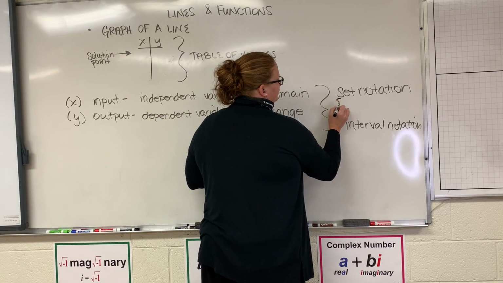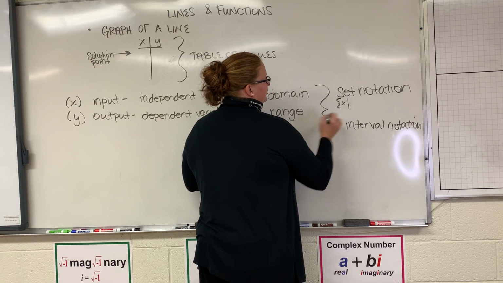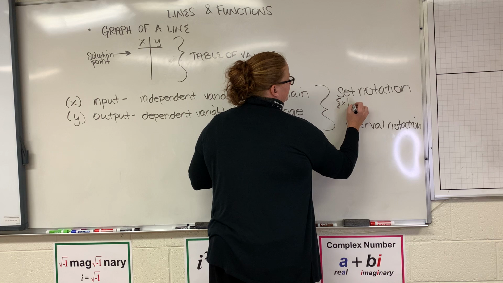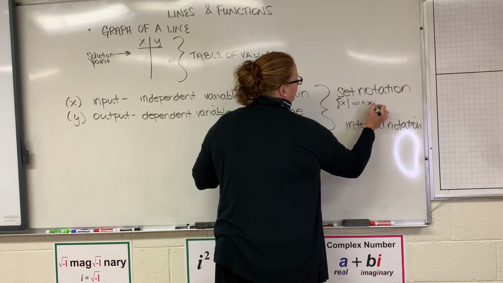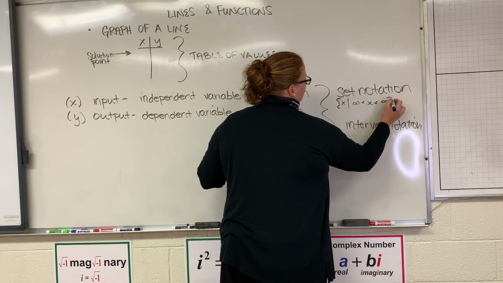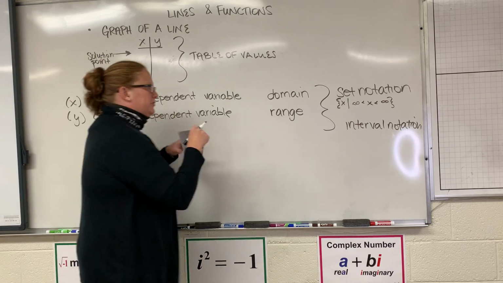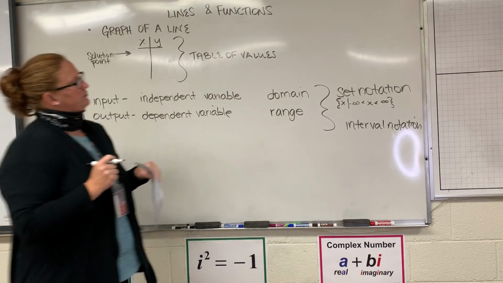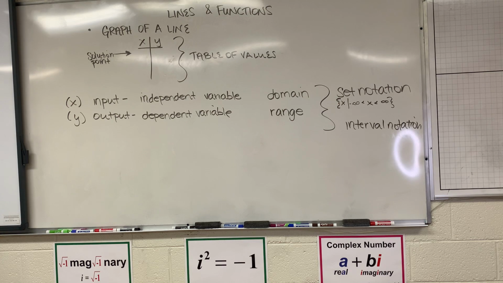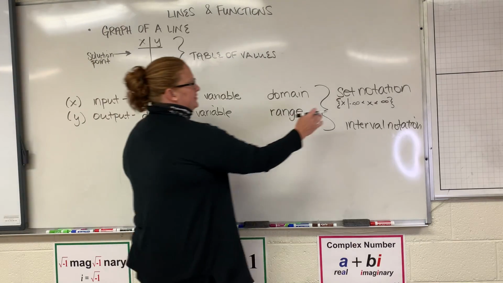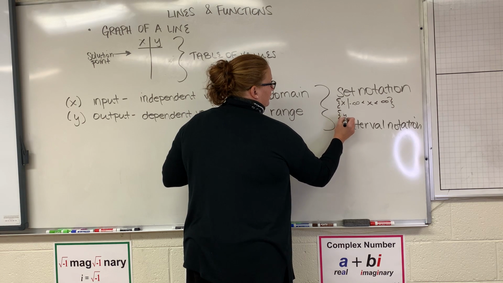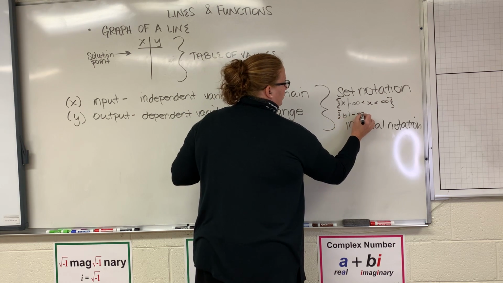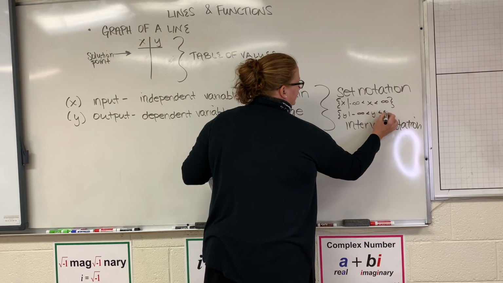So set notation would be for x such that it's between the infinities. Oops, I forgot my negative. So that's what your set notation looks like, from negative infinity to positive infinity. No equal signs because you can't equal infinity. And of course, for a line, it would be the same for your y's.